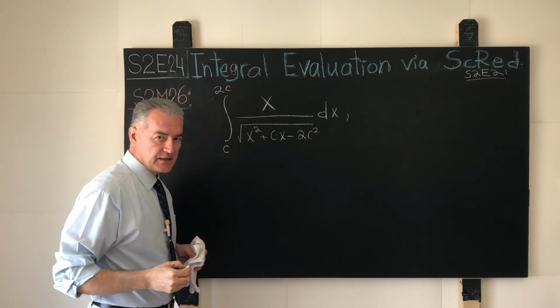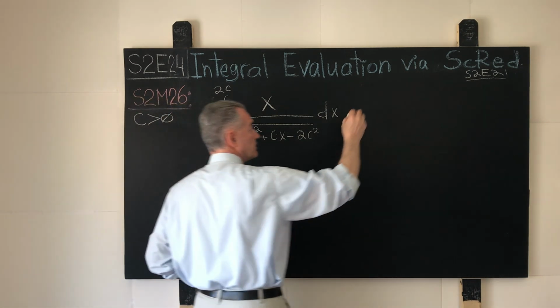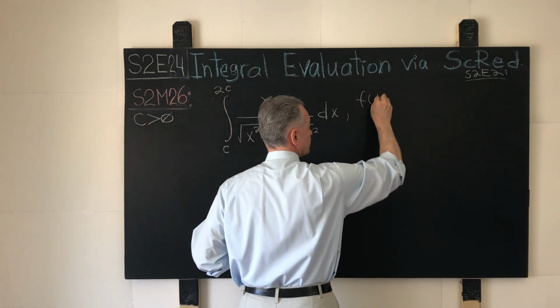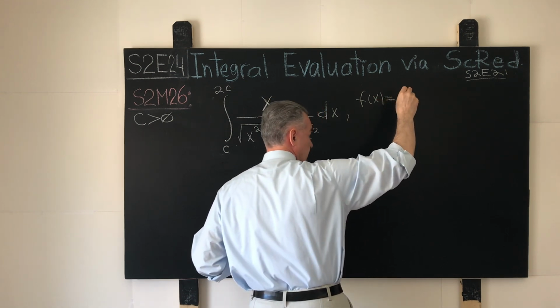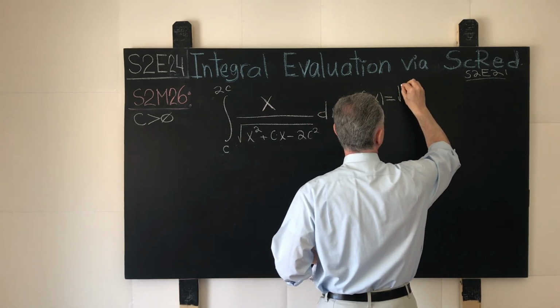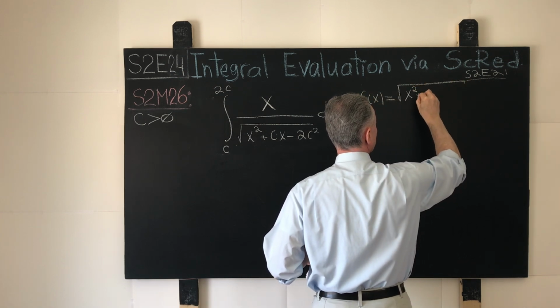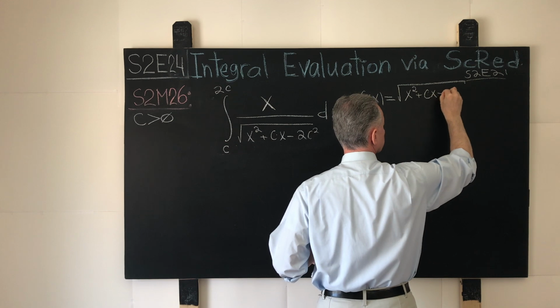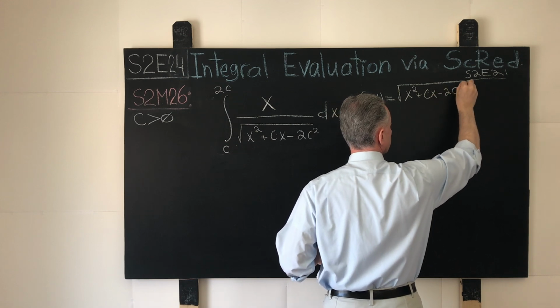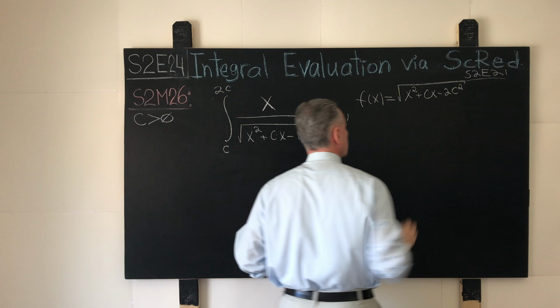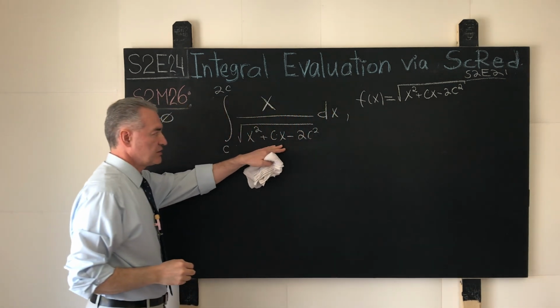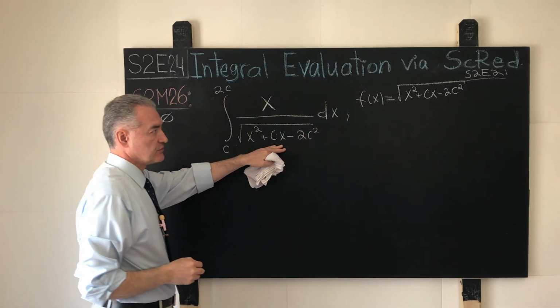So here's my idea. Introduce our favorite single variable real-to-real function f of x equal to square root of x squared plus cx minus 2c squared. In other words, this function is basically what we have here in the denominator of the integrand.